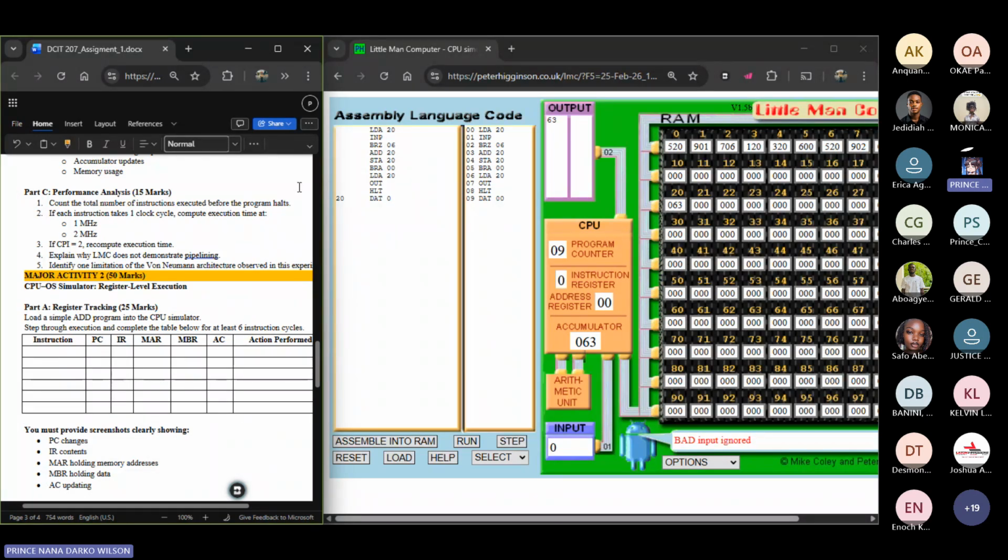Okay, so then your formula is going to be execution time is equal to instruction counts over clock rates. And then you write your instruction counts. There are 10 instructions, so it's going to be 10 over the clock rate, which is 1 million. So 10 over 1 million, what answer are you going to get?